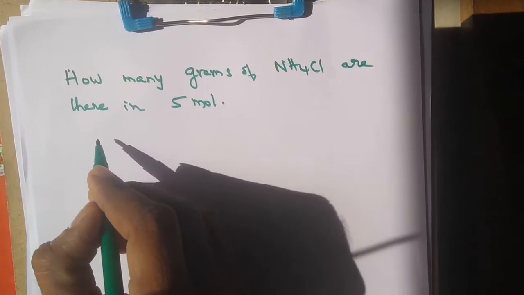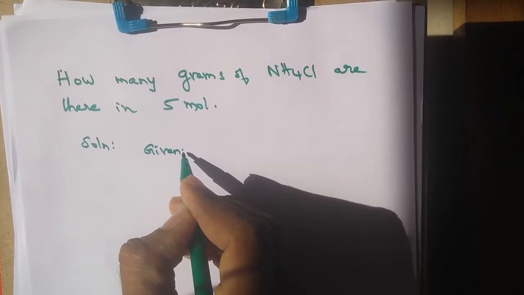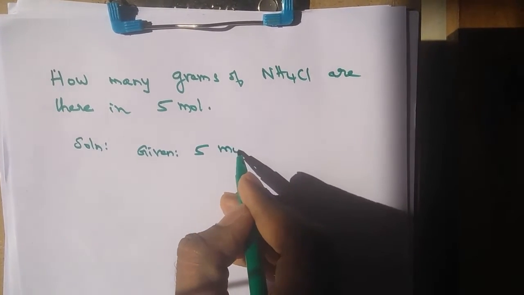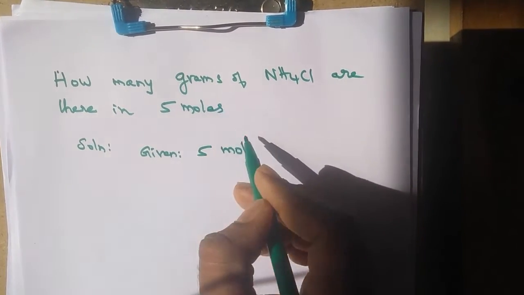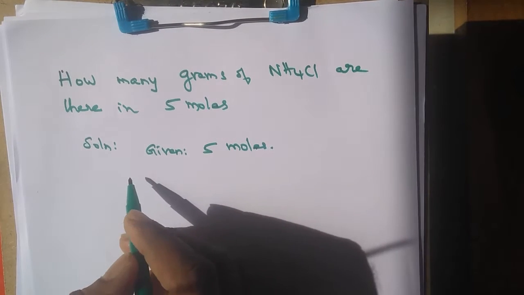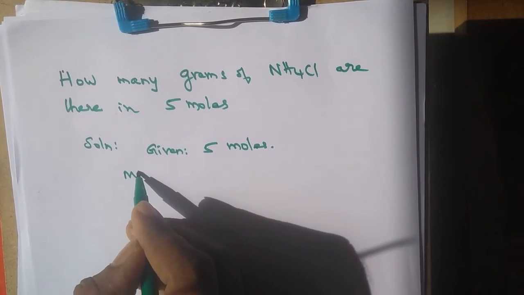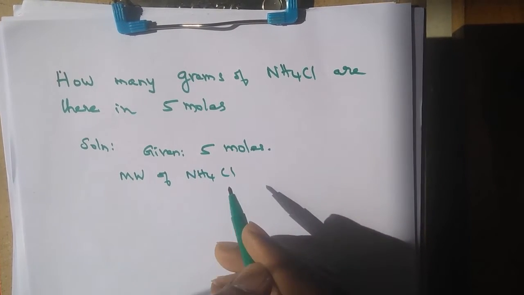First let us write the given data. It is given that there are 5 gram moles of ammonium chloride. So first we have to determine the molecular weight of ammonium chloride, NH4Cl.